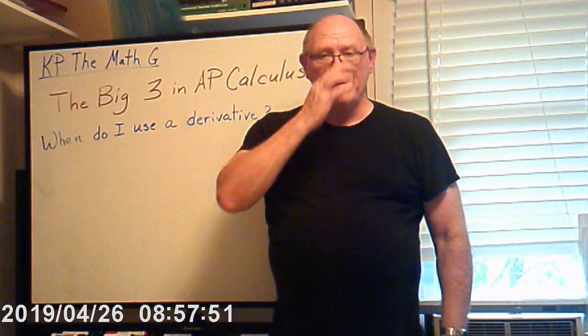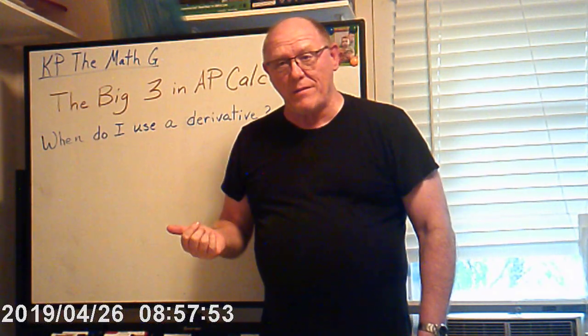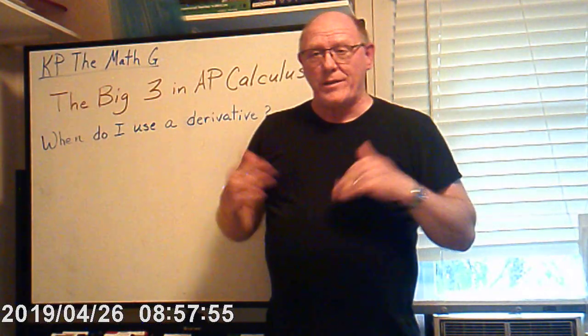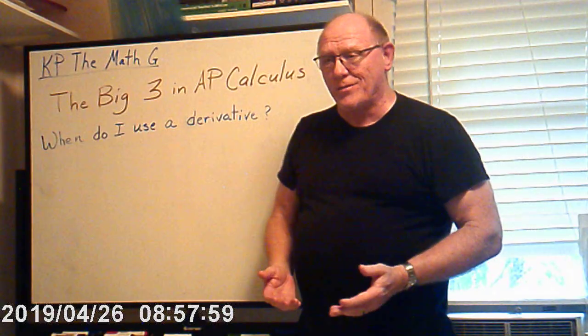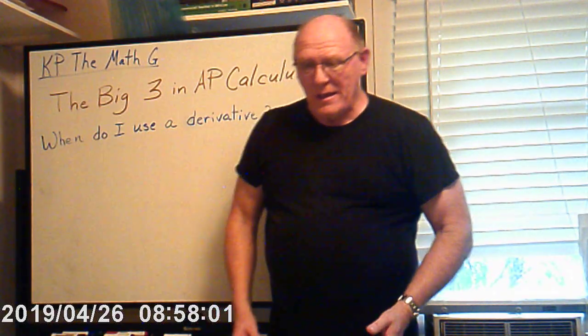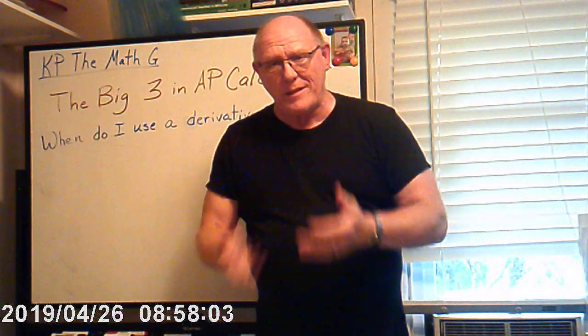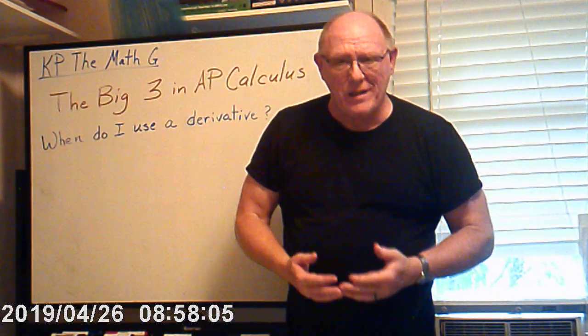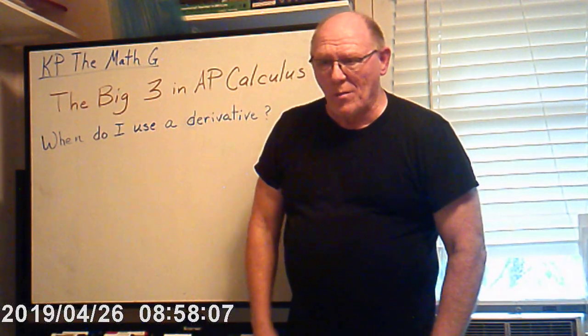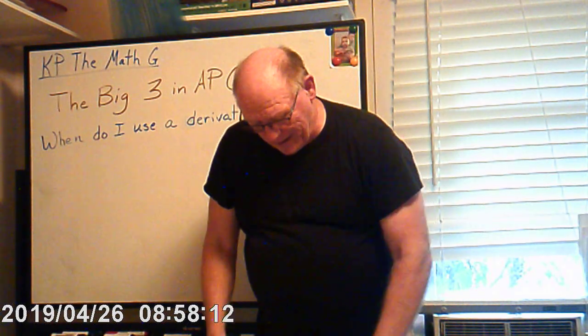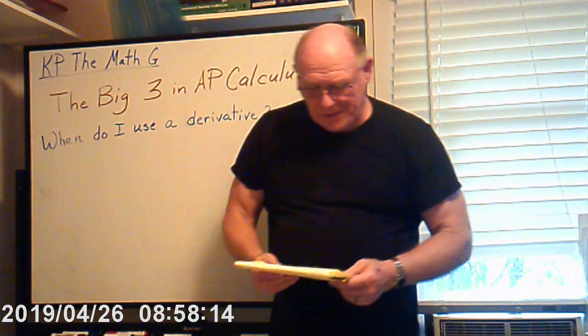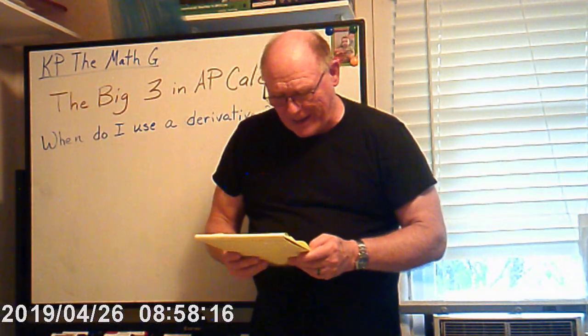Isn't that something? Just by finding the derivative. Which means you can also use the derivative to find the slope. You can look at the slope of a tangent line, the slope of a normal line, which is perpendicular to the tangent line, and so on. So all sorts of concepts are built into that.